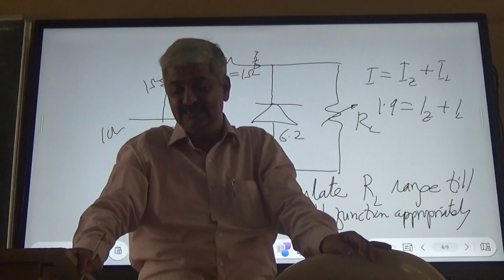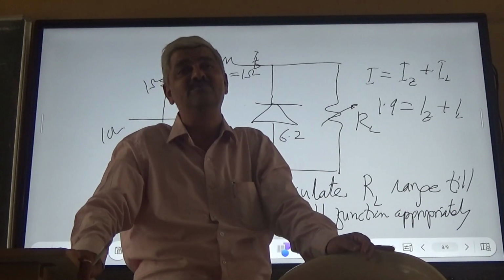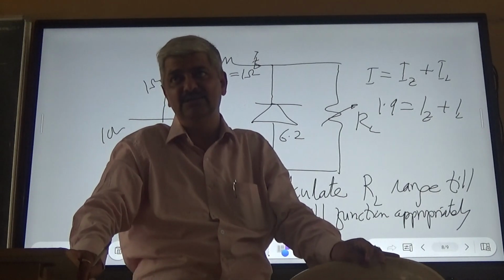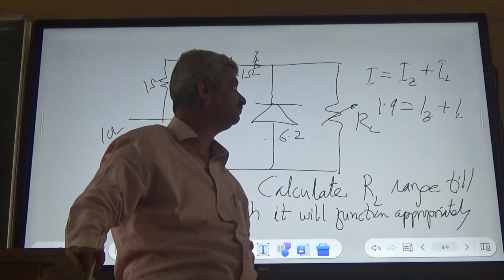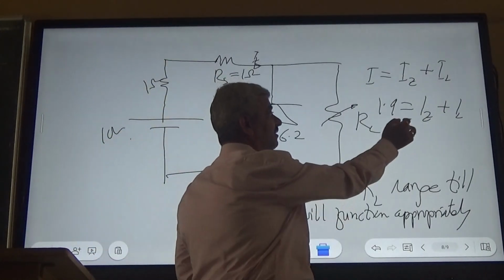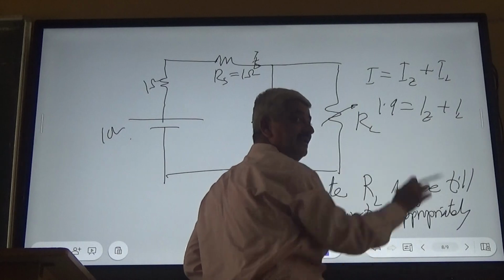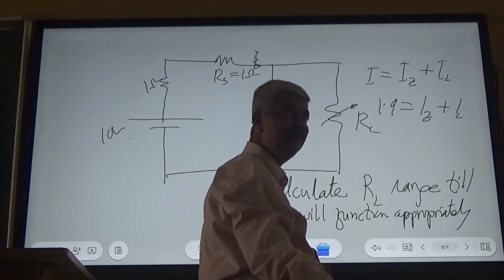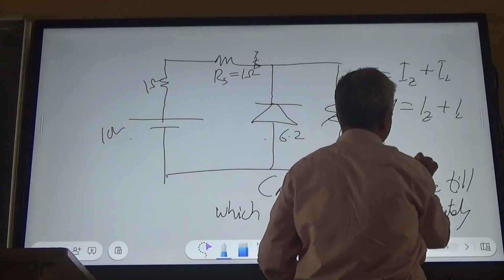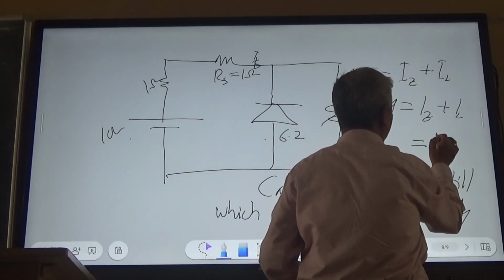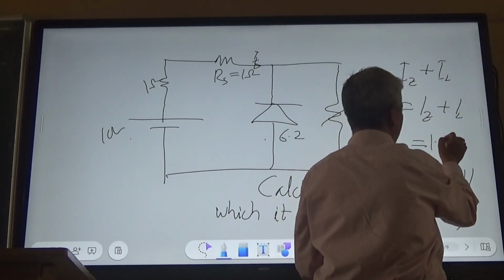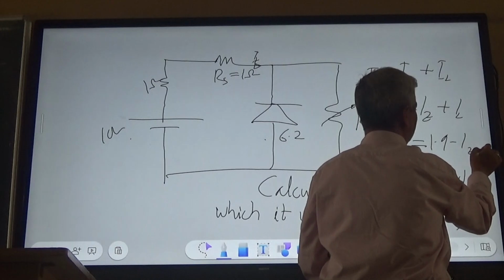Till what point should IL be allowed to increase? Iz min must be maintained. So IL max is equal to 1.9 minus Iz min.